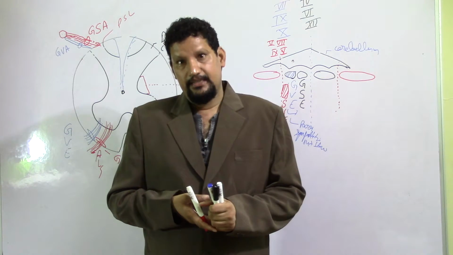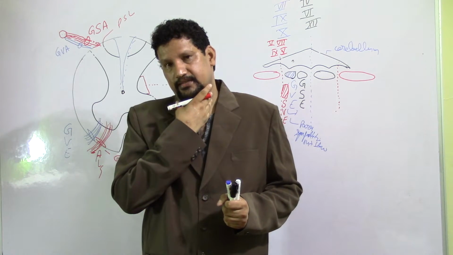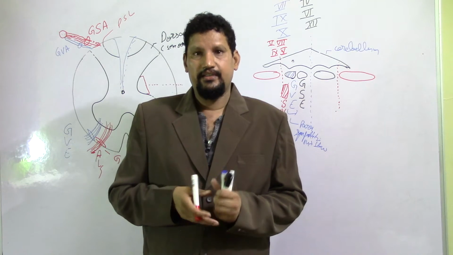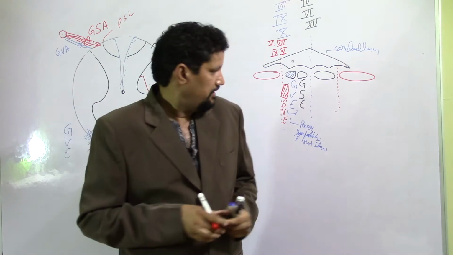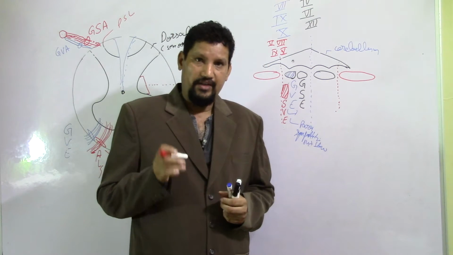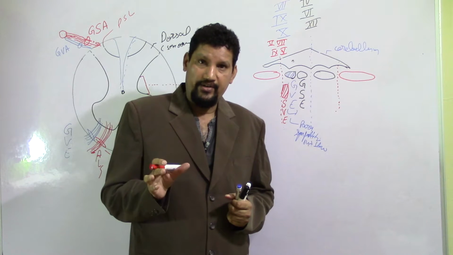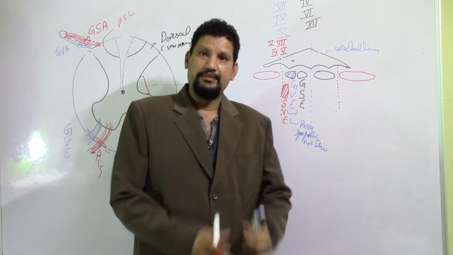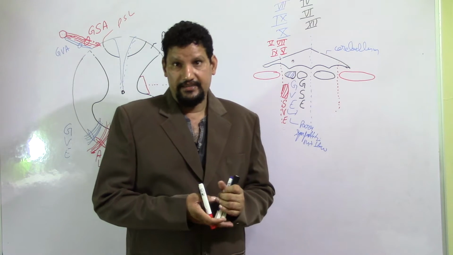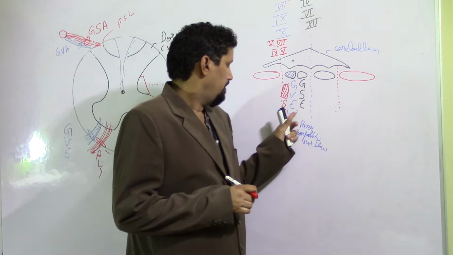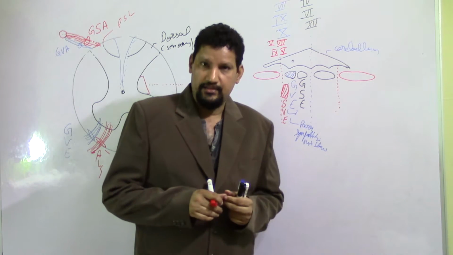In the same way, the muscles of larynx and pharynx are supplied by the special visceral efferent component, by fibers of the vagus nerve and the cranial part of the spinal accessory nerve. This cranial part of the spinal accessory nerve also carries the fibers of the special visceral efferent through the vagus nerve.